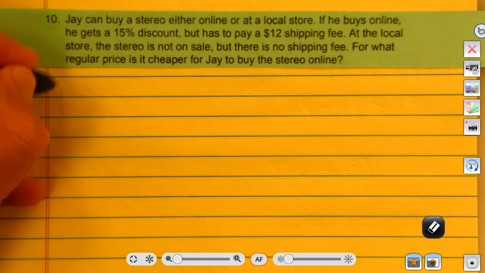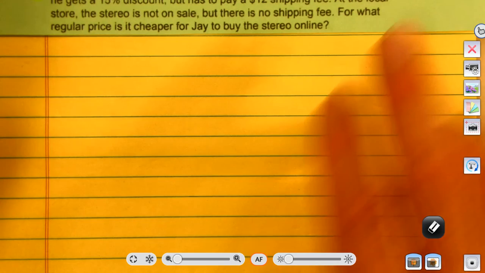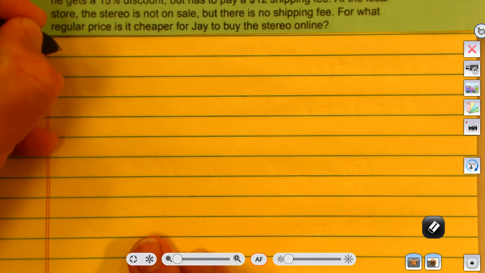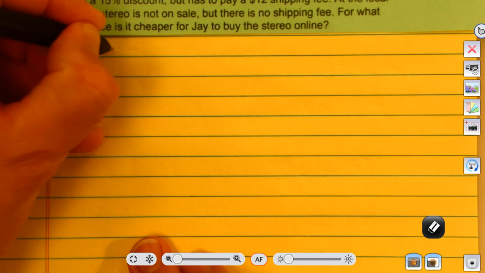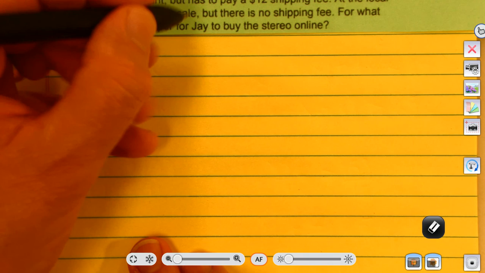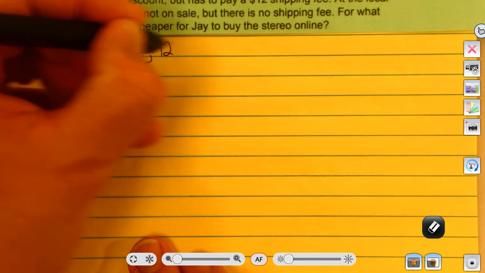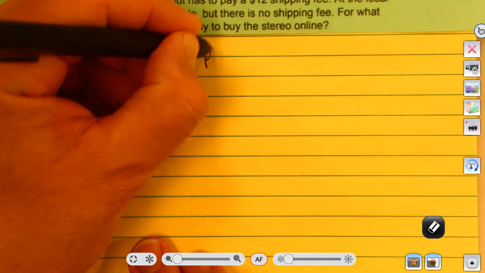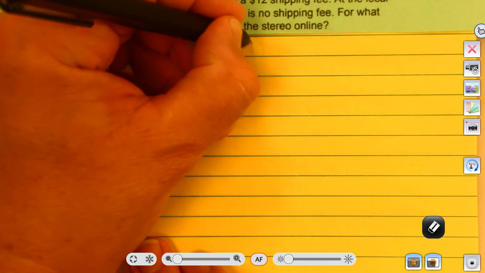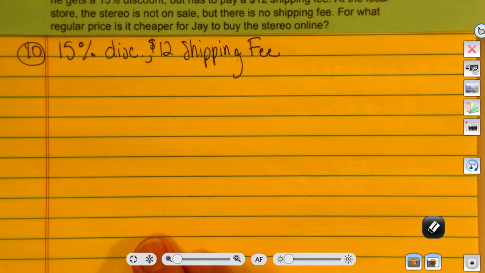Okay, so online is 15% discount, and then there is a $12 shipping fee. At a local store, the stereo is not on sale, but there's also no shipping fee. For what regular price is it cheaper for Jay to buy the stereo online?